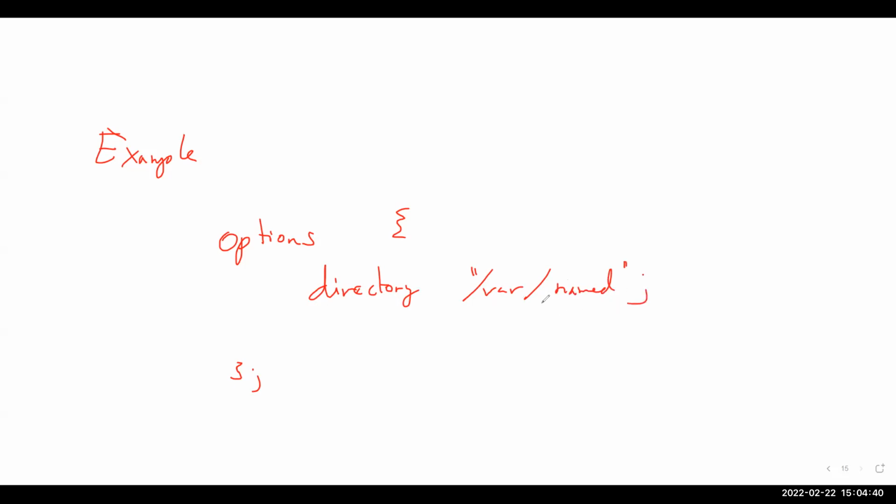Just to indicate the directory where something is stored, and inside you have a specific file that you're going to create, something named .cache, or the cache file. Okay, so anyway, this is the basic syntax of this.